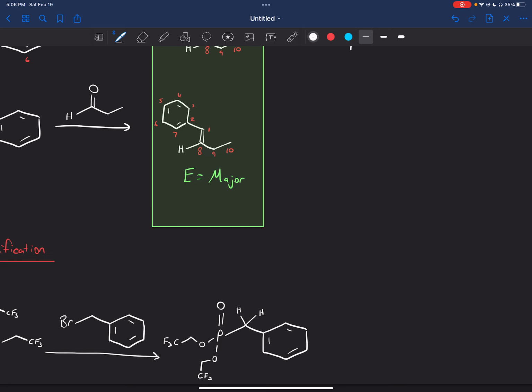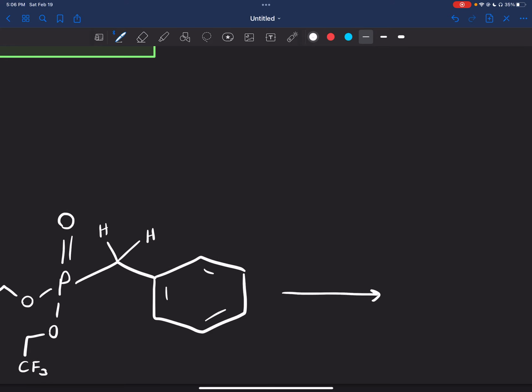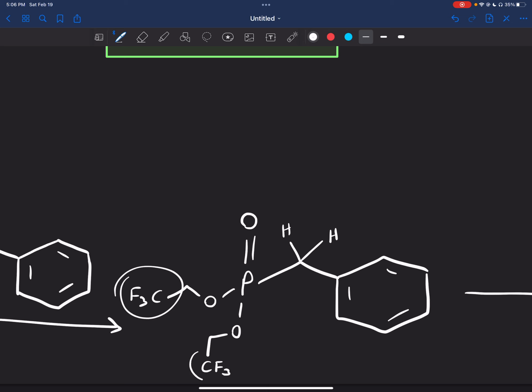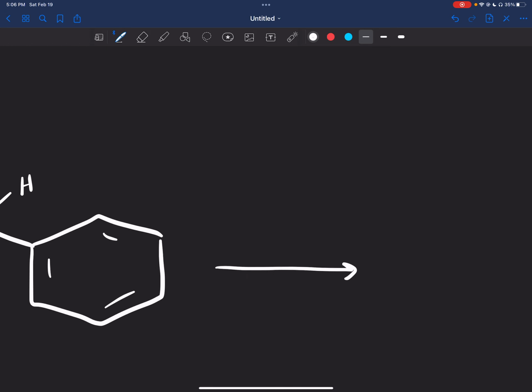So there we have that. And again, the very last difference, and this is the very last part that makes this different, other than the structure, the fact that we have CF3s here, is that instead of using something like BuLi to deprotonate this, we use a slightly different base. It looks really complicated, but it's the only part that's really different, and it can be written out with a few letters instead.